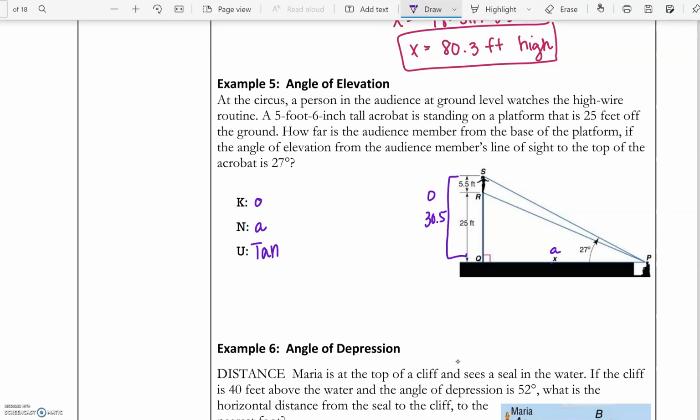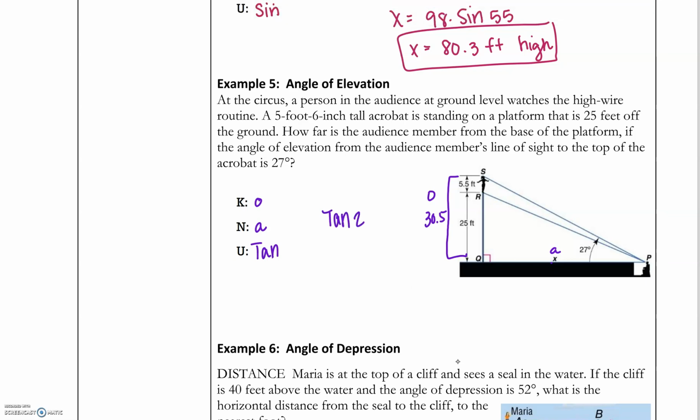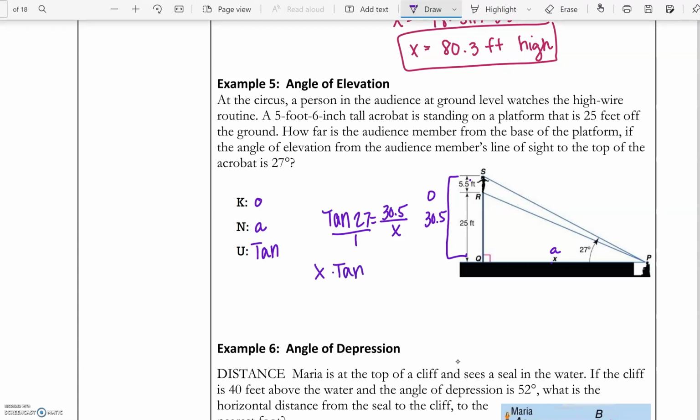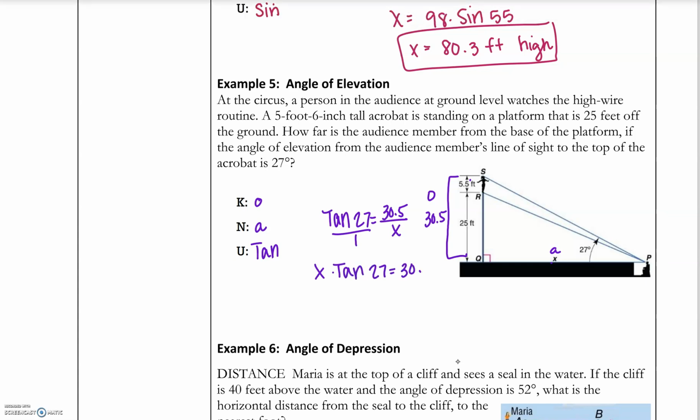So tangent 27 is equal to O, which is the 30.5, or 25 plus 5.5, over our x, or our adjacent that we don't know. And then we're going to cross multiply and divide by tangent 27.